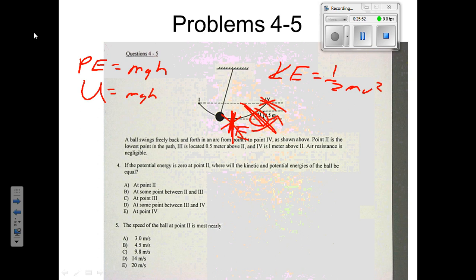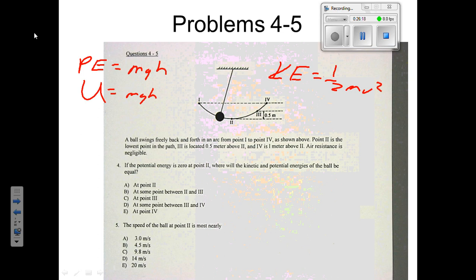All right, number 5 is a little tricky. Find the speed of the ball at point 2. Don't need too many numbers. How could we go about doing that? Anybody have any bright ideas? Yeah, point 3.